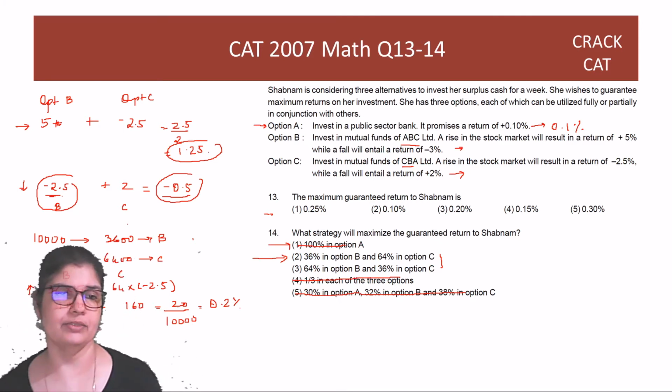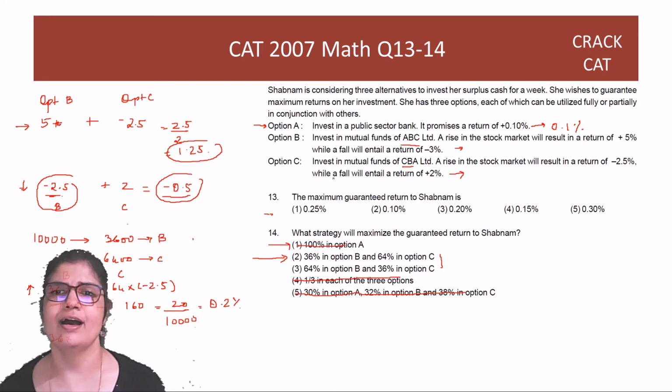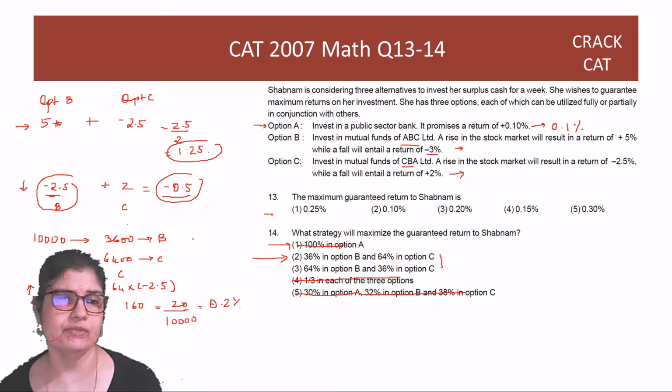What happens on the fall? On the fall you are making 36 into -3, right? No, -2.5. -3, sorry. I'm getting just a little caught up with these numbers. So -3. Correct? If it falls, your option B pays a negative return.